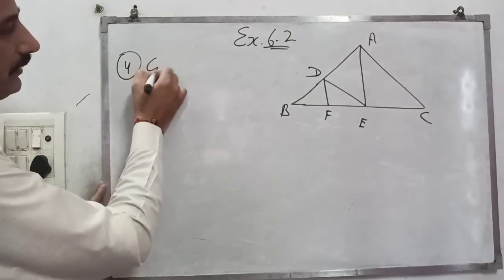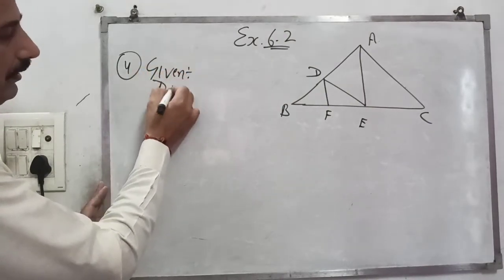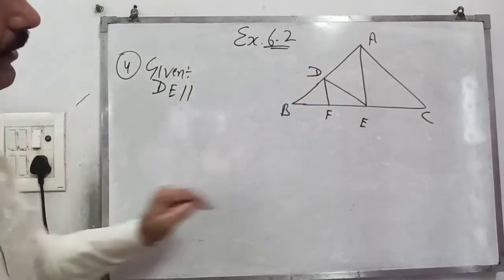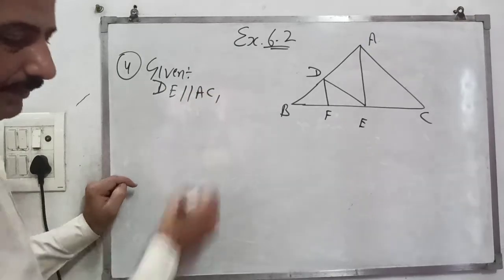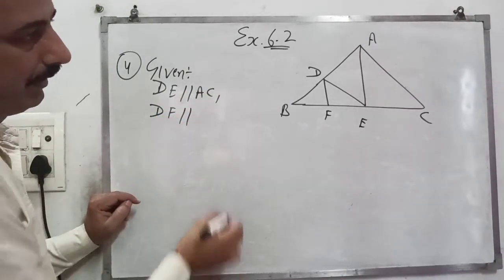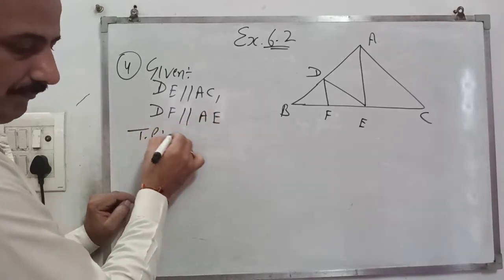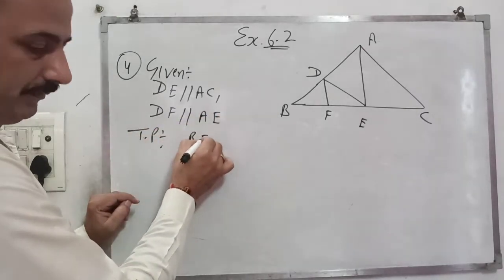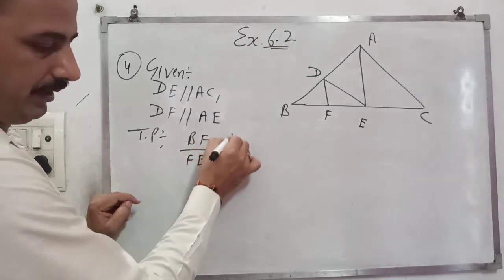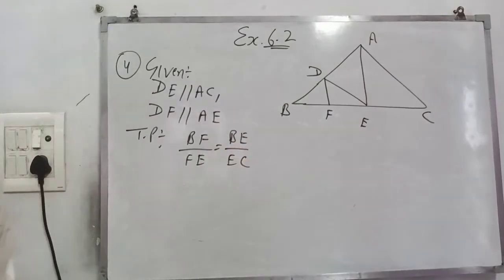There is given DE is parallel to AC, and DF is parallel to AE. We want to prove BF upon FE equals BE upon EC. We want to prove that.